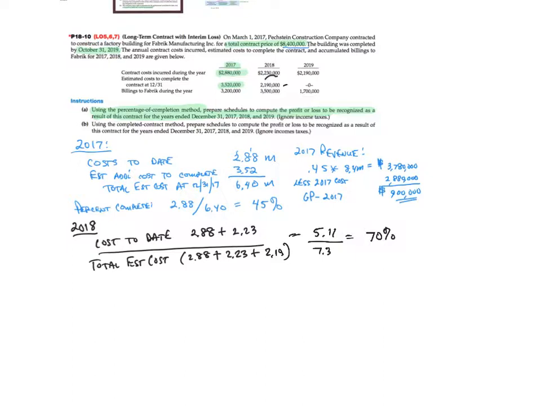And that's our 2018. Now, the revenue recognized in 2018 is going to be 0.70 times the 8.4 million, and let's just make sure I get that right. 0.7 times 8.4. Come on, Jeff, calculator.